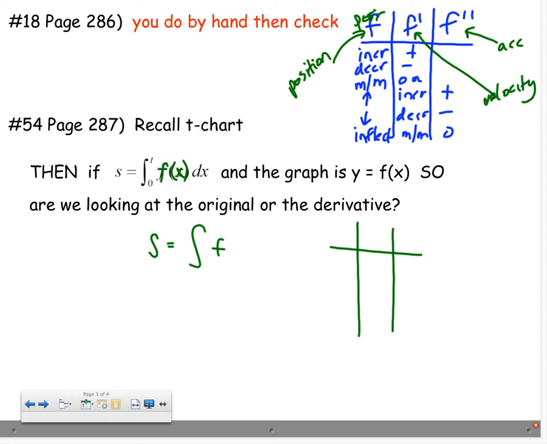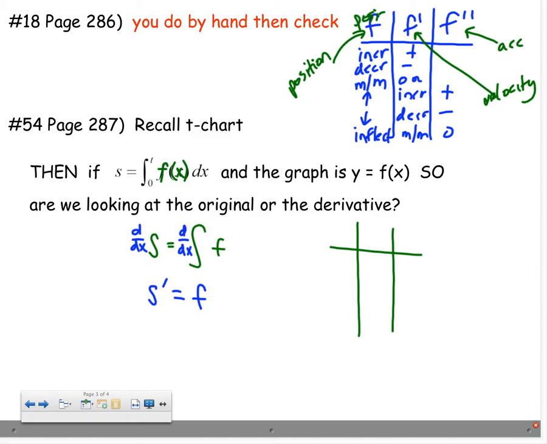I'm going to do something with you. If I take the derivative of this side and the derivative of this side, I know we haven't talked about taking the derivative of an integral. We will. It's going to be another theorem, a big deal for us. But just think about it logically. Wouldn't the derivative of the antiderivative just cancel out because you're undoing what you just did? So the derivative of s is s prime, and the derivative of the antiderivative is just f.